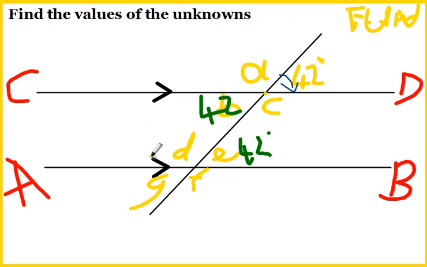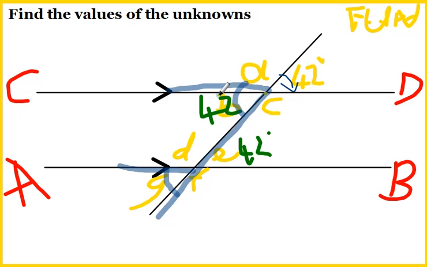So let's have a look at corresponding angles, and I said that we can find 4 Fs in this figure. The first one is this one. So can you see that this is 42 and that is 42 also, because it's corresponding angles. So same side of the transversal line and same side of the parallel lines.